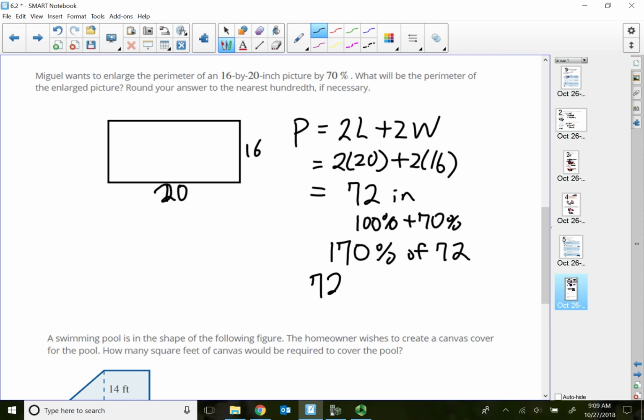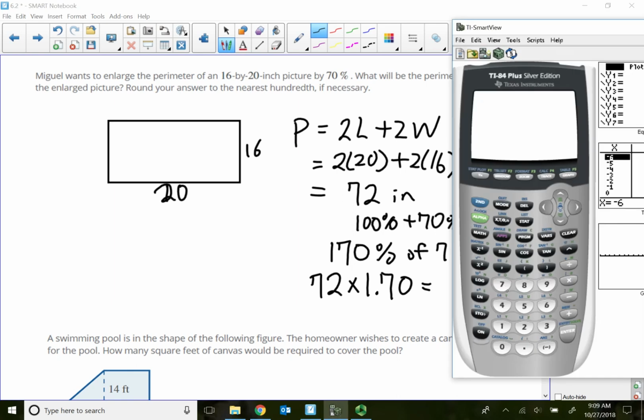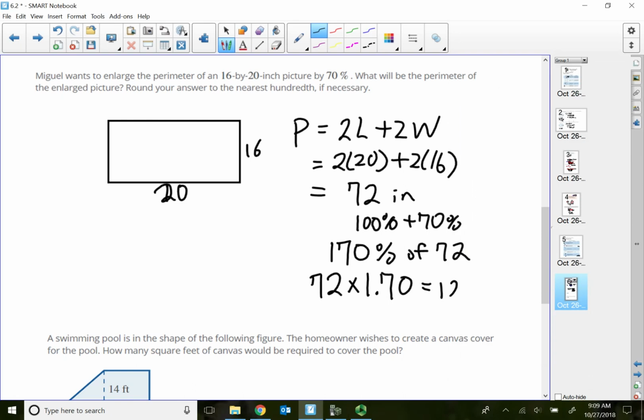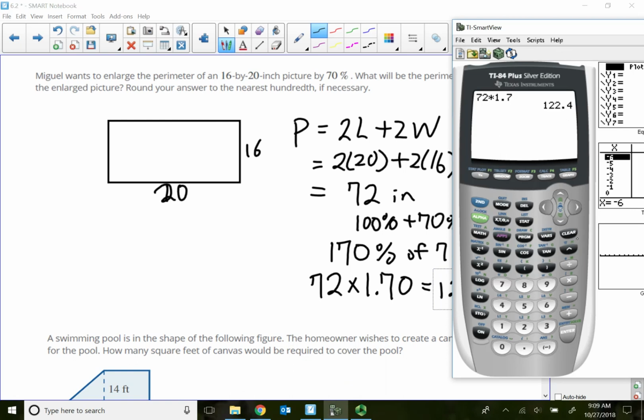So I take my 72 and simply multiply by 170%, which is 1.70. 72 times 1.7 will give me 122.4 inches. Now, if you want to do it this way, you can take the 72 inches times 0.7, for a 70% increase. So I need to increase by 50.4 and then add it back to the 72. You will still come up with the same answer.